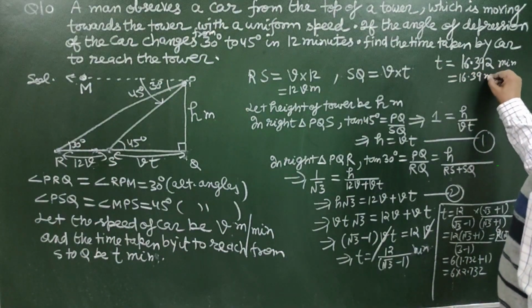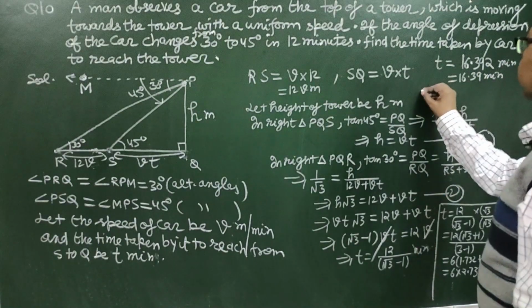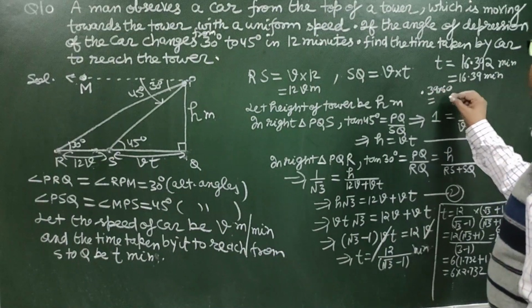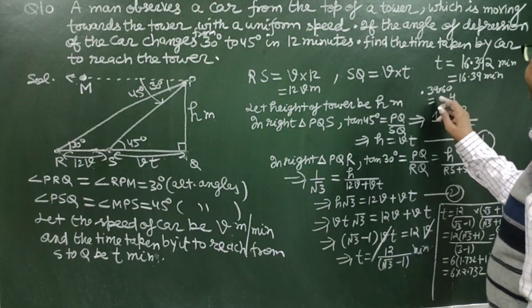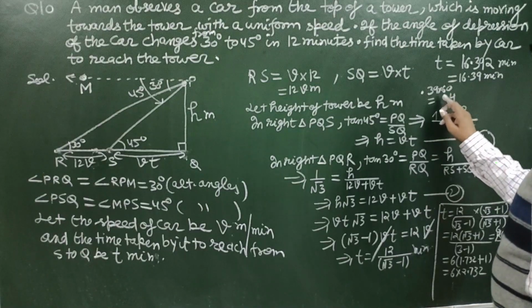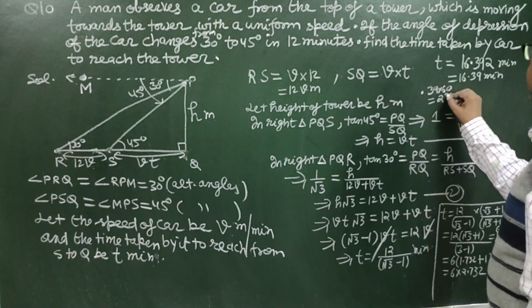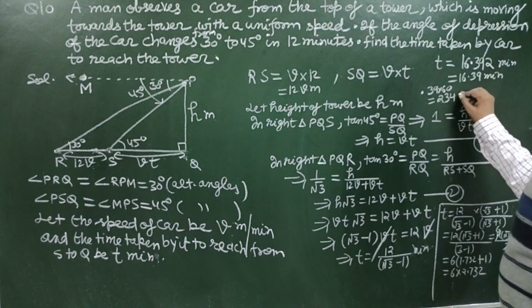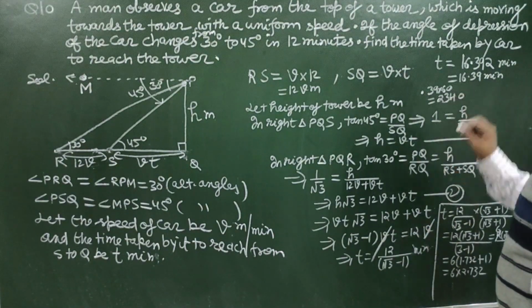Or 16.39 minutes. If we change 0.39 minutes into seconds, then 0.39 into 60 gives 23.4 seconds.